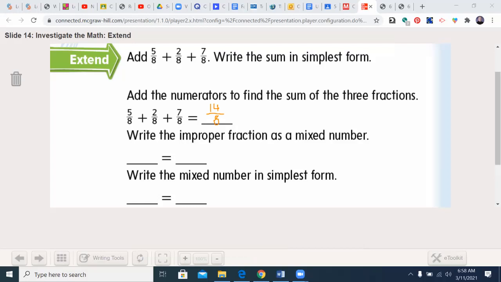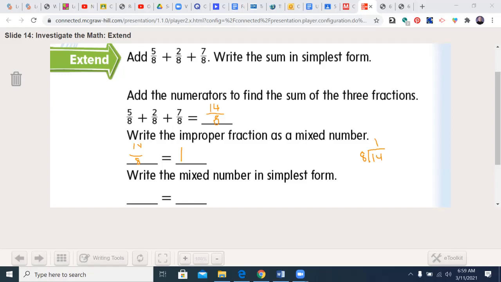So now, this is an improper fraction. Anytime the top number is as large or greater than the denominator, I can't leave it that way. So let's have our 14/8 just so we can see it. Now 14/8, I could do it a couple different ways. I could do a traditional division problem. 8 goes into 14 how many times? 1.